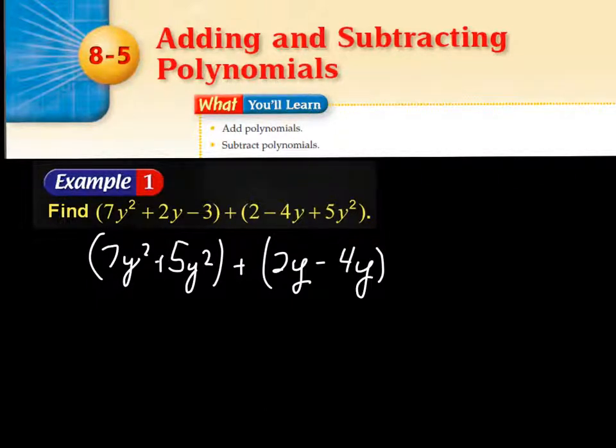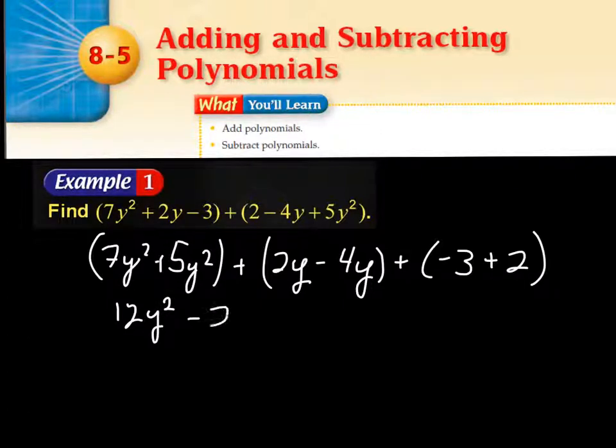And then just for my constants, I've got negative 3 and a plus 2. So 7 plus 5 is 12y squared. Adding my like terms, I just need to add the coefficients. 2 minus 4 is negative 2y, and I could write plus negative 2, but it's simpler just to write minus 2y, and negative 3 plus 2 is negative 1.